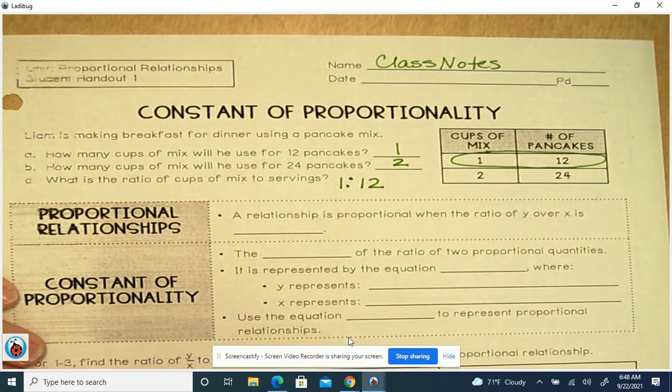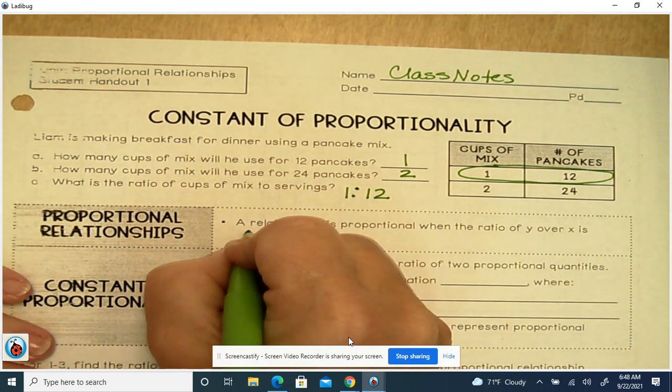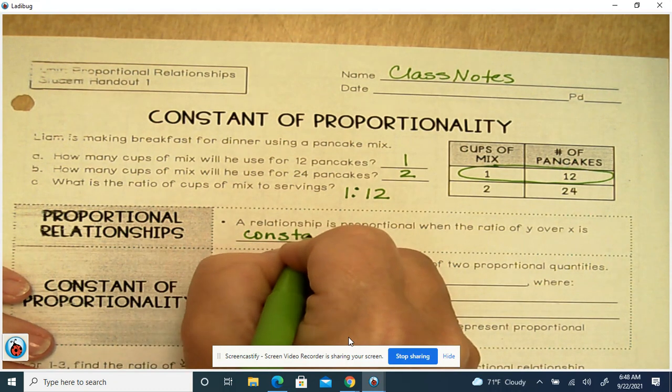A relationship is proportional when the ratio of y over x is constant. And what that means is it's the same. It stays the same. It doesn't change.